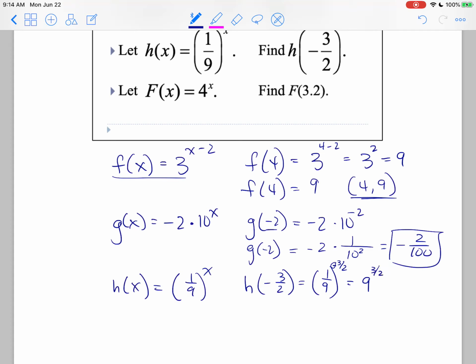So we got rid of the negative exponent. Oh, sorry, that's not right. 1 over 1/9 equals 9. There we go. That makes more sense. When you're dividing by a fraction, you multiply by the reciprocal. So the reciprocal of 1/9 is 9.